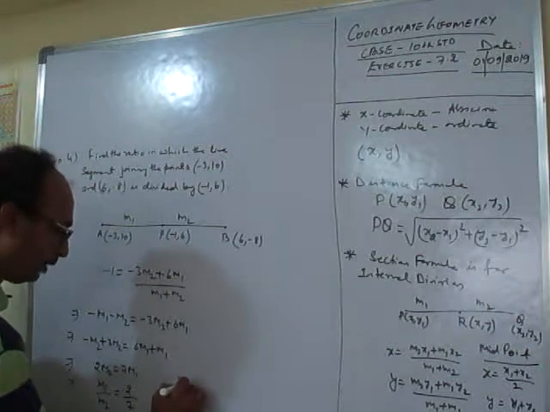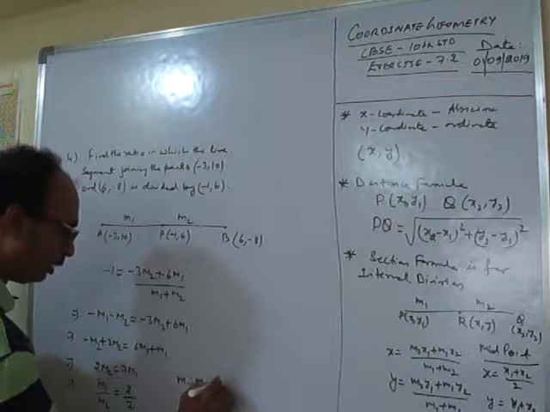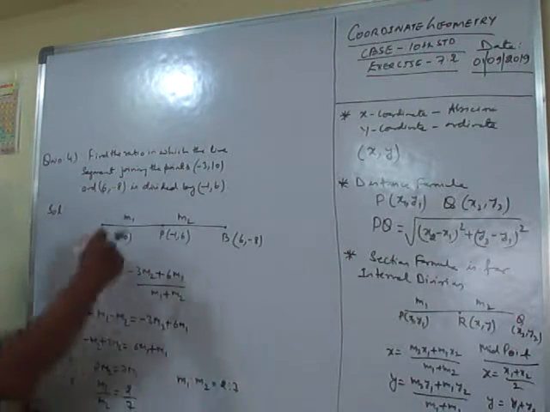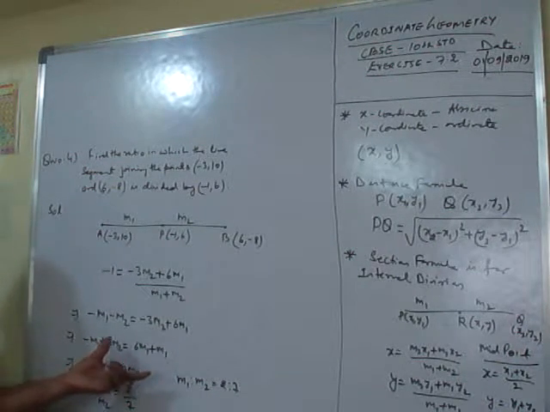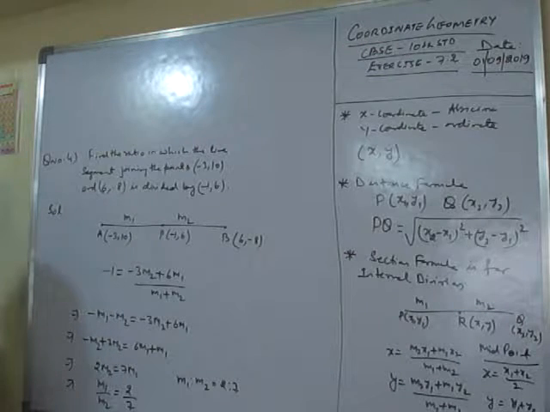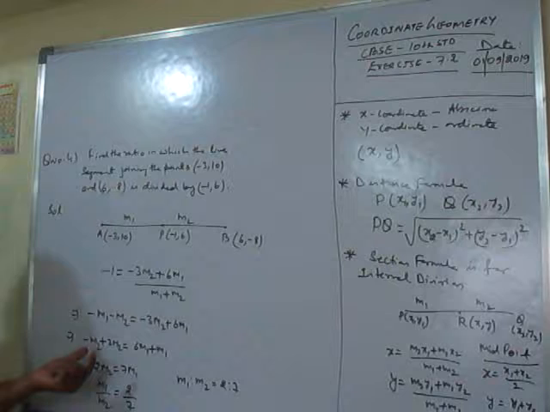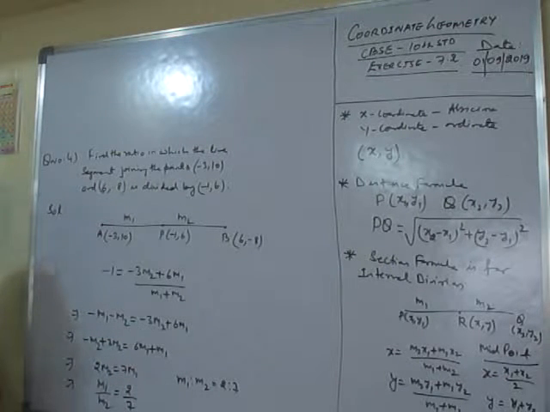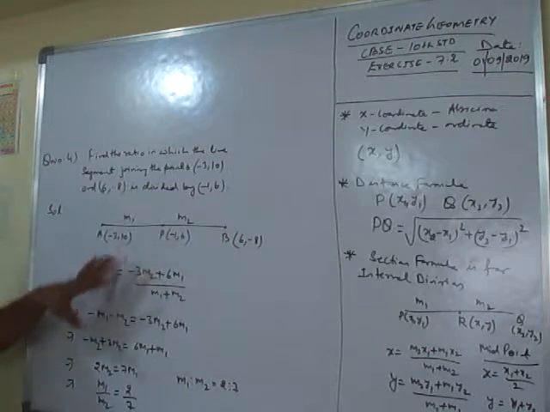In this way we have found m1 is to m2 is equal to 2 is to 7. The same ratio can be found in this way also, and by utilizing m1 and m2 as k, we can find the same thing. So in this way this particular problem can be solved.